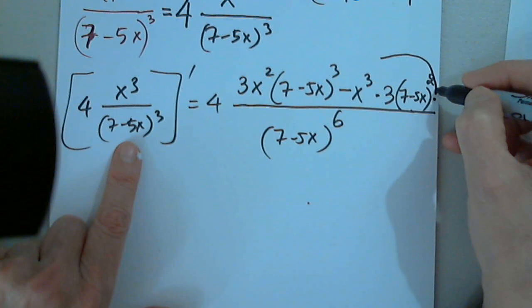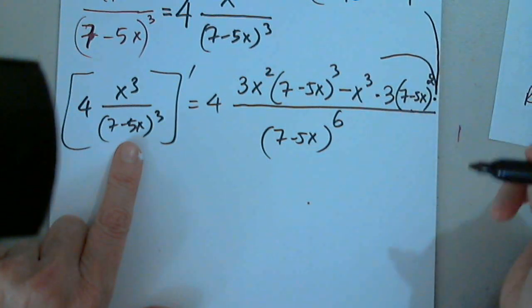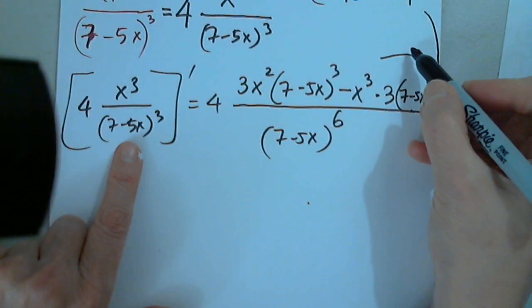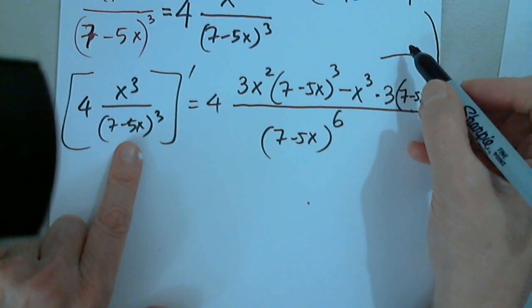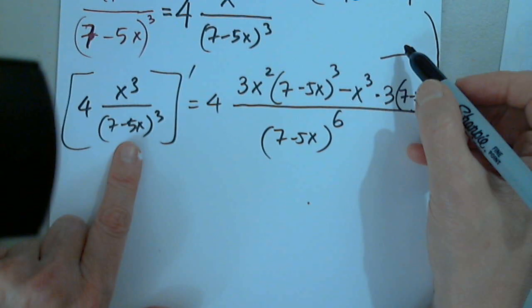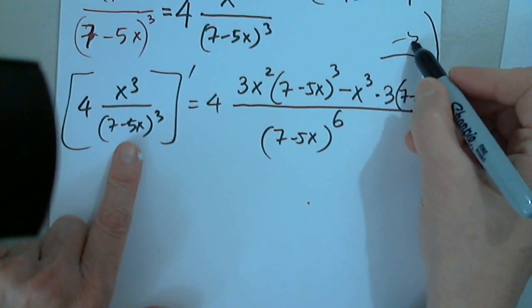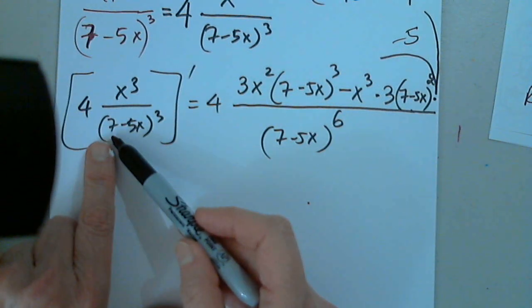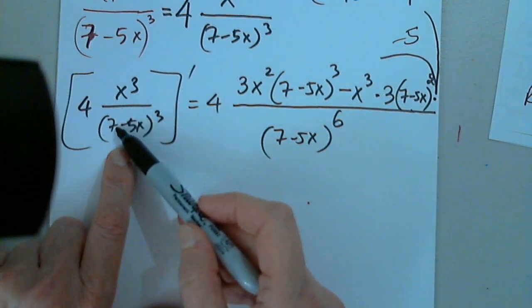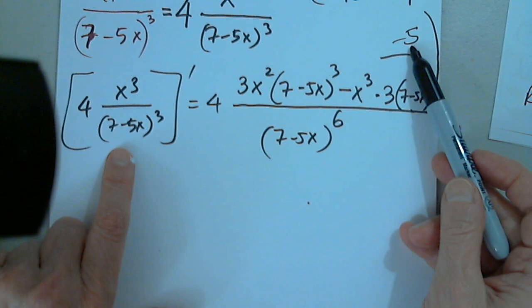Careful, one more time. The derivative of 7 is 0. The derivative of negative 5x is negative 5. Do we all agree so far?